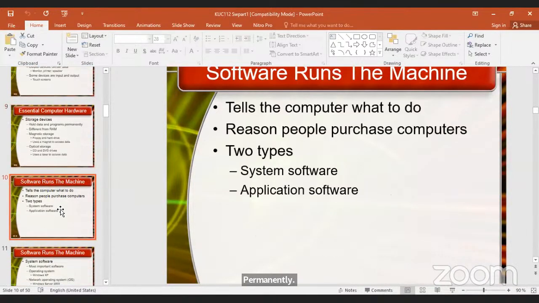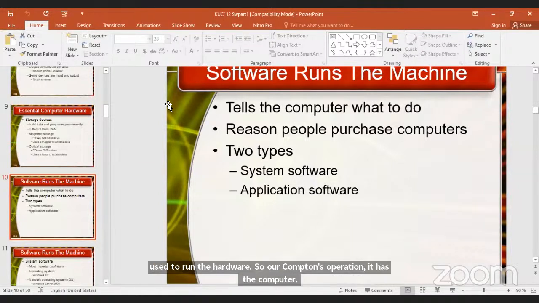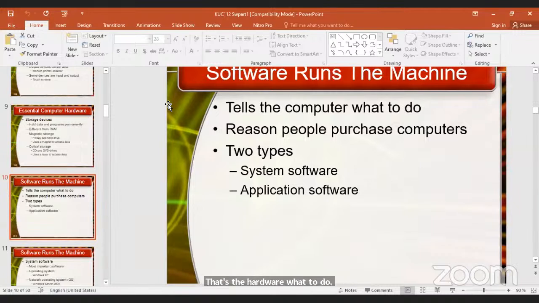So what is software? As we mentioned earlier, software is used to run the hardware. So computer software usually tells the computer, that's the hardware, what to do. And that's the reason why we purchase computers. A computer without software is just a box full of metals, cables, and circuitry.